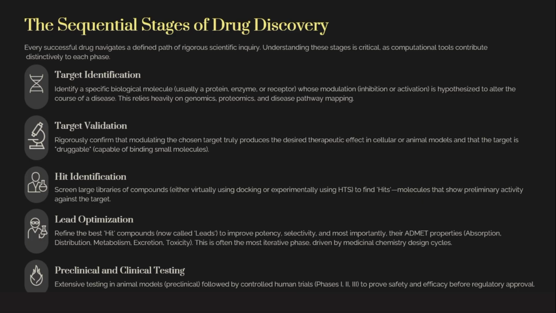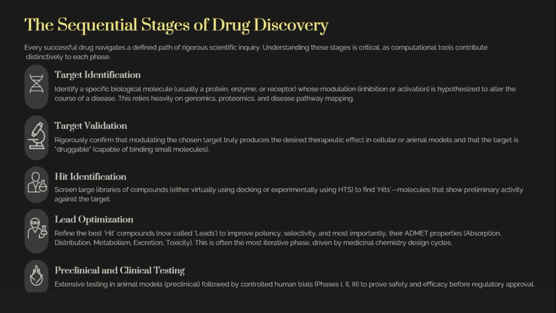And the fourth one is optimize it, tweak the molecule to make it stronger, safer and smarter. We have to investigate their ADMET properties. ADMET means absorption, distribution, metabolism, excretion and toxicity.